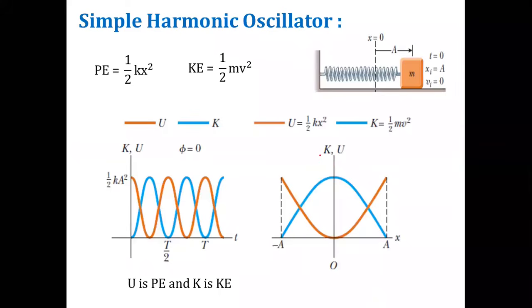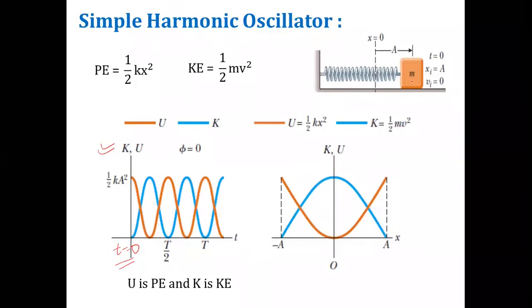Now, let's plot potential energy and kinetic energy. We did plot your position, velocity, and acceleration as a function of time. Now, let's do the same thing for your kinetic energy and potential energy. This is your time t equal to 0. At time t equal to 0, in this case, again, your potential energy and kinetic energy graph would depend on when you are starting your clock.